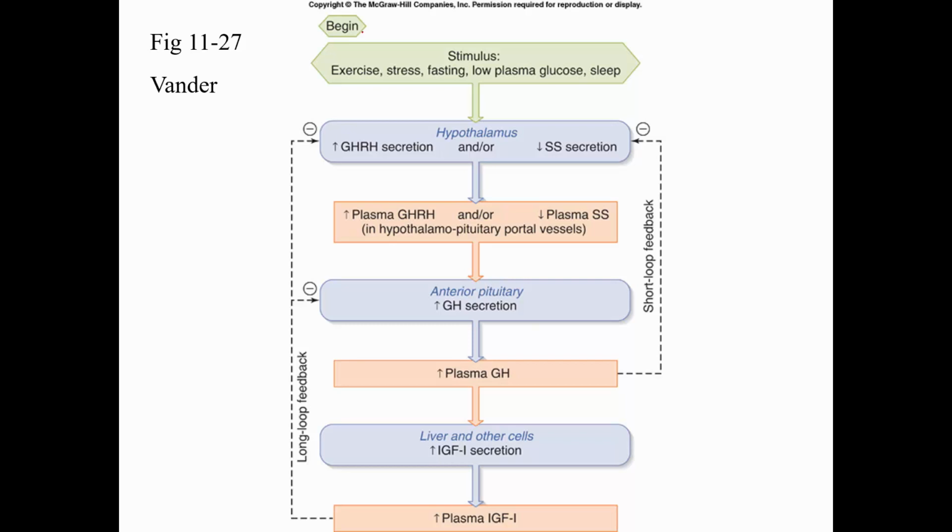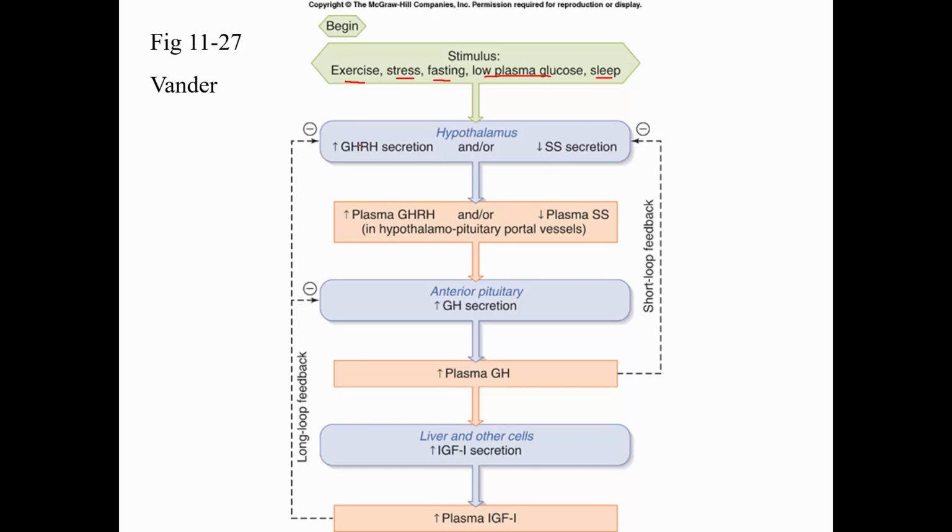This is the picture from Vander. So here you see a number of stimuli: exercise, stress. This is acute short-term stress, fasting, low plasma glucose, and sleep. This results in growth hormone releasing hormone, and notice here somatostatin. That's the same thing as growth hormone inhibiting hormone.